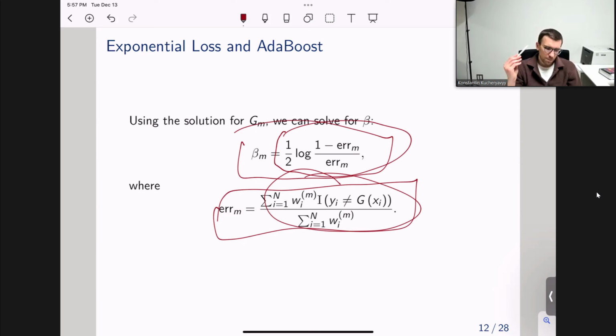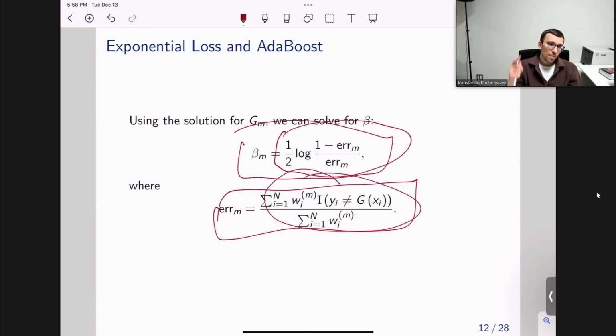Once researchers realized this, they started wondering if the exponential loss function can be changed to get different, better, or in some ways different results. And this understanding that the AdaBoost algorithm is just a particular case of a stage-wise modeling algorithm with the exponential loss function led to the generalization of that algorithm from classification to regression by changing the exponential loss to quadratic loss.